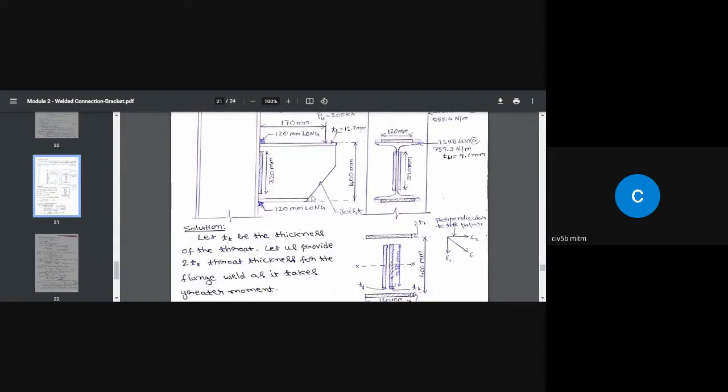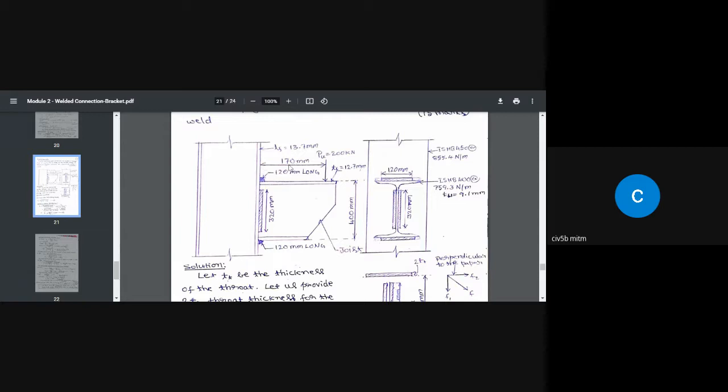We only use M by I equal to F by Y, where F is the stress, Y comes here, and M divided by I, where I is the moment of inertia of the weld section. Moment is PU times E. PU is known, and E is the eccentricity, which is already given: 170 millimeter.